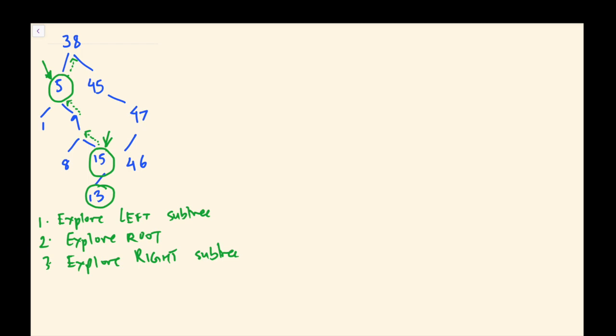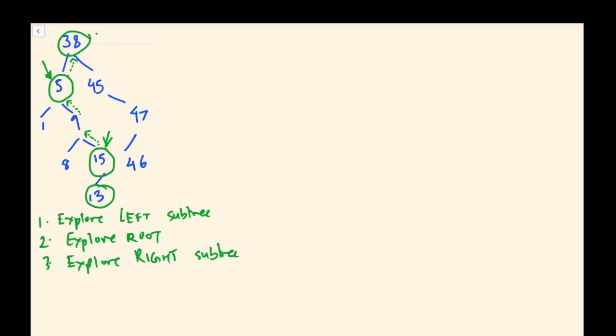It's not. We navigate again, from 9 to 5, check whether 9 is a left child of its parent 5. It's not. Then we navigate to 5 and check whether 5 is a left child of its parent 38. It is. So we mark 38 as the in-order successor of 15.